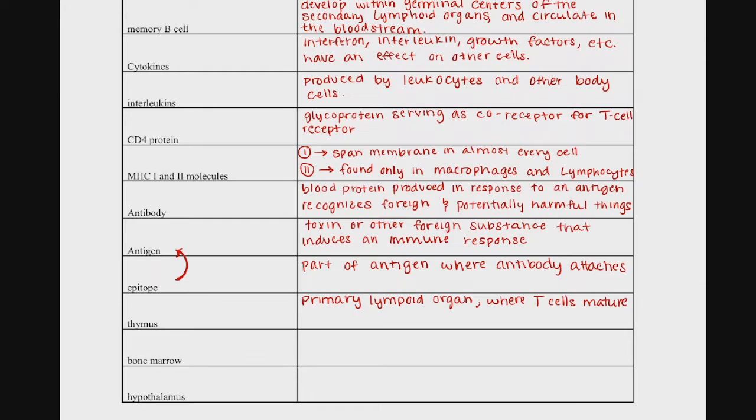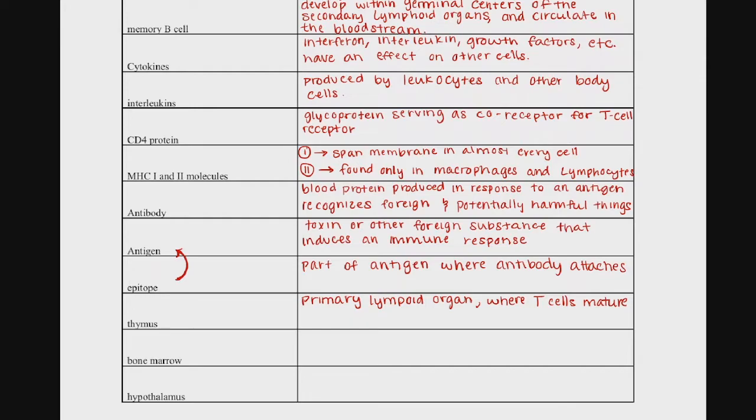All right, bone marrow. Bone marrow is that little spongy tissue that's inside some of our bones. It's in, for example, our thigh bones and our hip bones. It has a lot more than smaller bones, like the carpals in your wrist, which don't have as much.